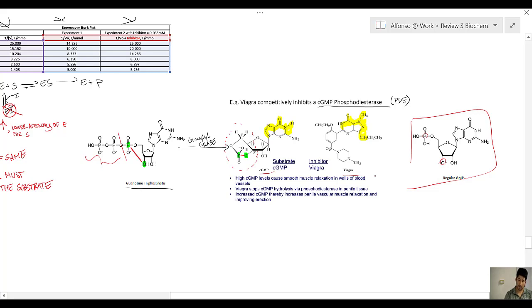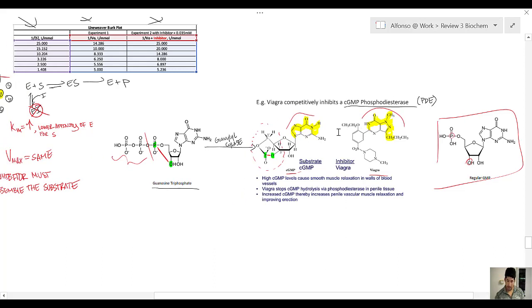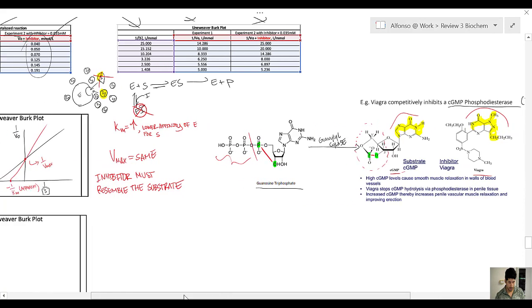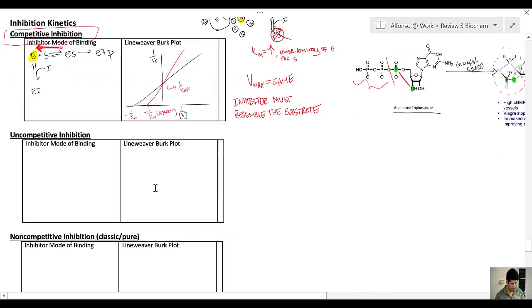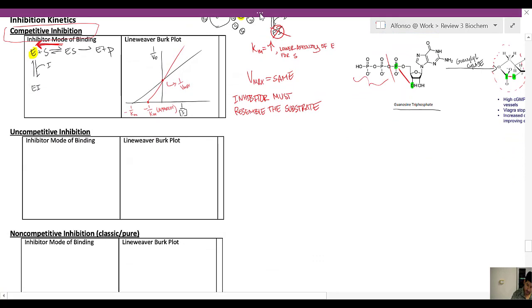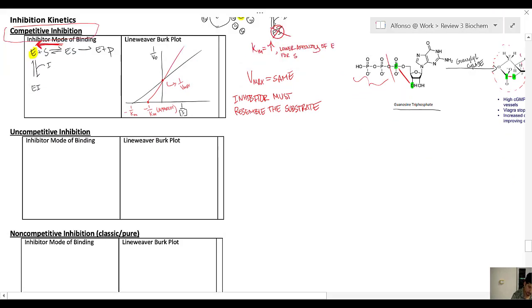All right, so cyclic GMP phosphodiesterase is inhibited by Viagra because they both look the same. Even though these parts right here don't necessarily look the same, that's what you need for a competitive inhibitor. Some part of the inhibitor must look like the natural substrate.